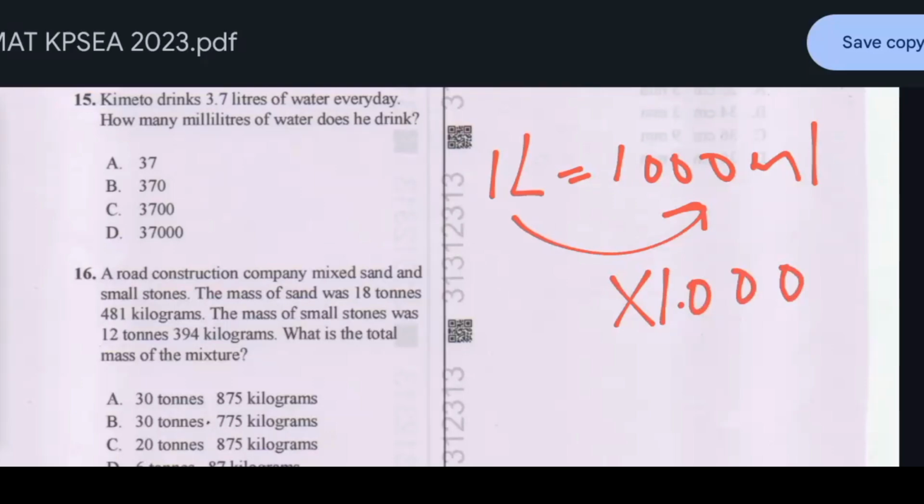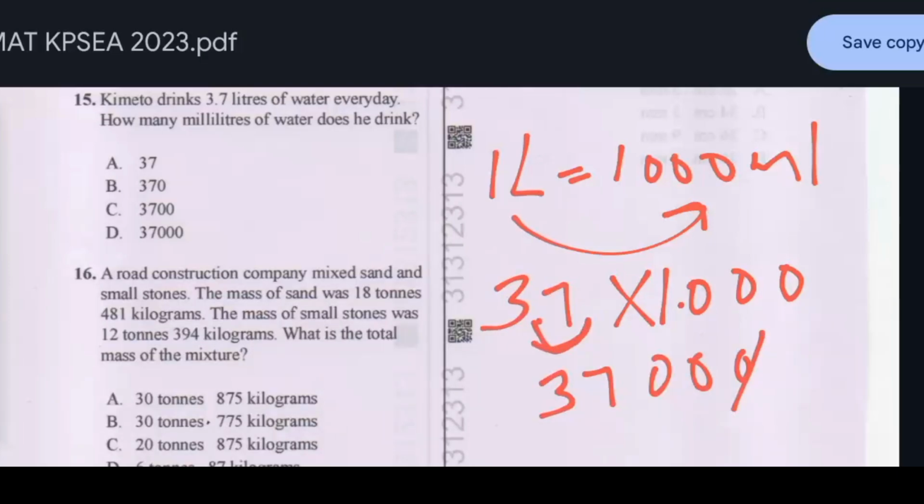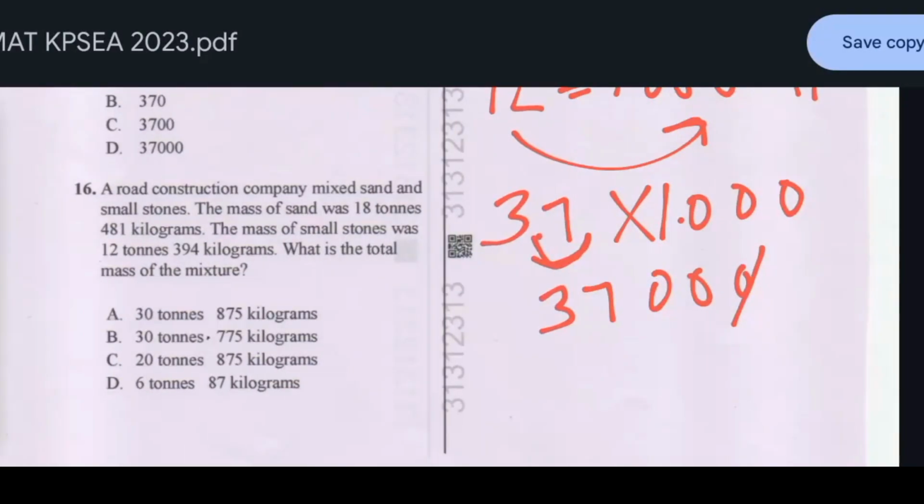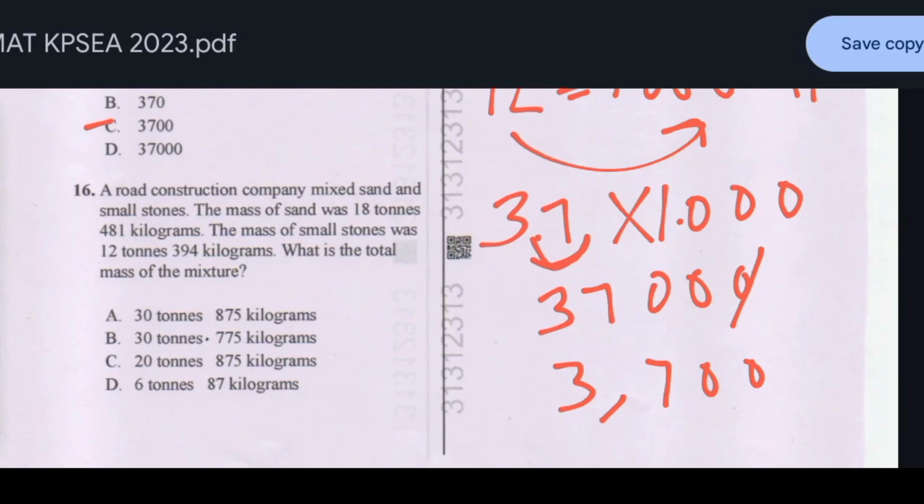So we're going to take the 3.7 times 1,000. So write out the 37 with the 3 zeros, ignore the decimal point. Then how many decimal places do we have? We have only one. So that means you're going to remove 1 zero from the end. So that means the answer will now be 3,700. So the answer is C.